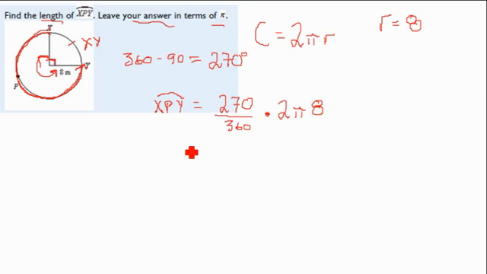Now 270 divided by 360 is actually simplified to 3/4 times 2 times pi times 8.